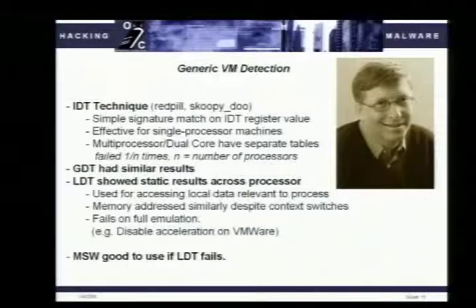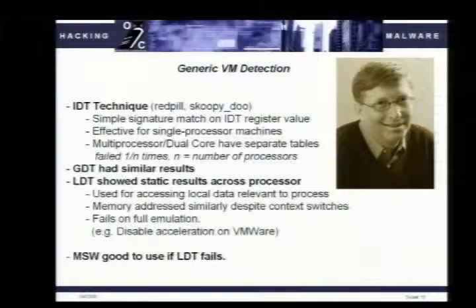It was effective in discovering this. The only thing that was useful was the LDT. You could see it across a parallel system, and it always had the same idea. And since it's used for accessing local data, it's all operating system dependent, but for our case in Windows, it worked quite nicely. So memory is addressed similarly on the context switch.